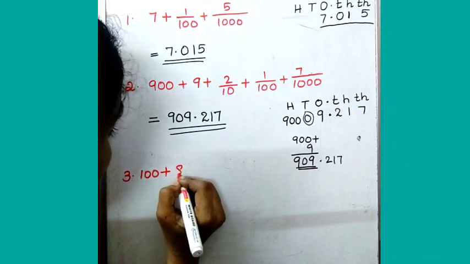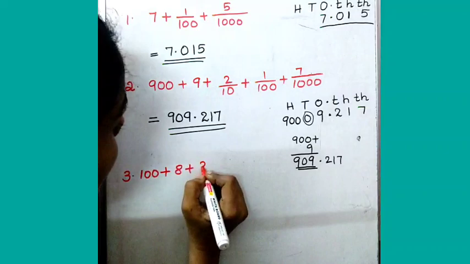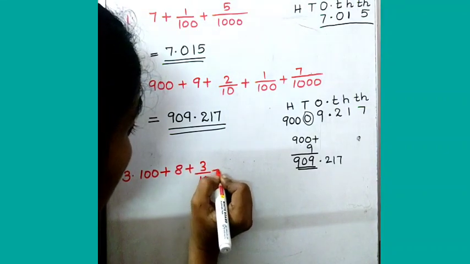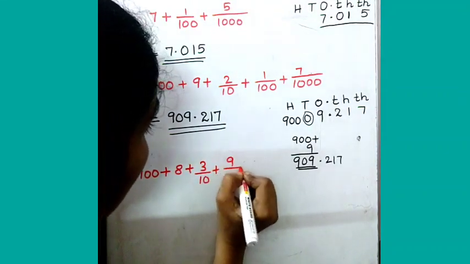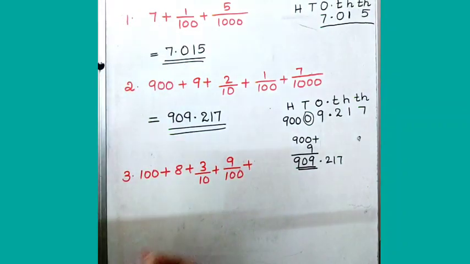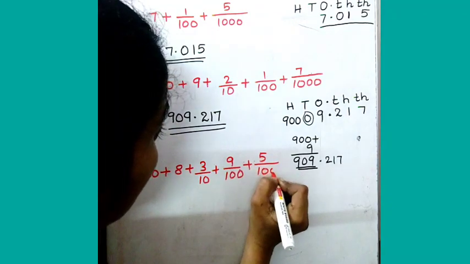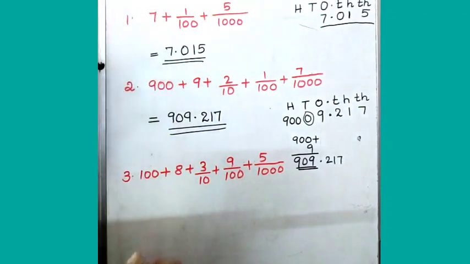100 plus 8 plus 3 by 10 plus 9 by 100 plus 5 by 1000. How will you find the number?